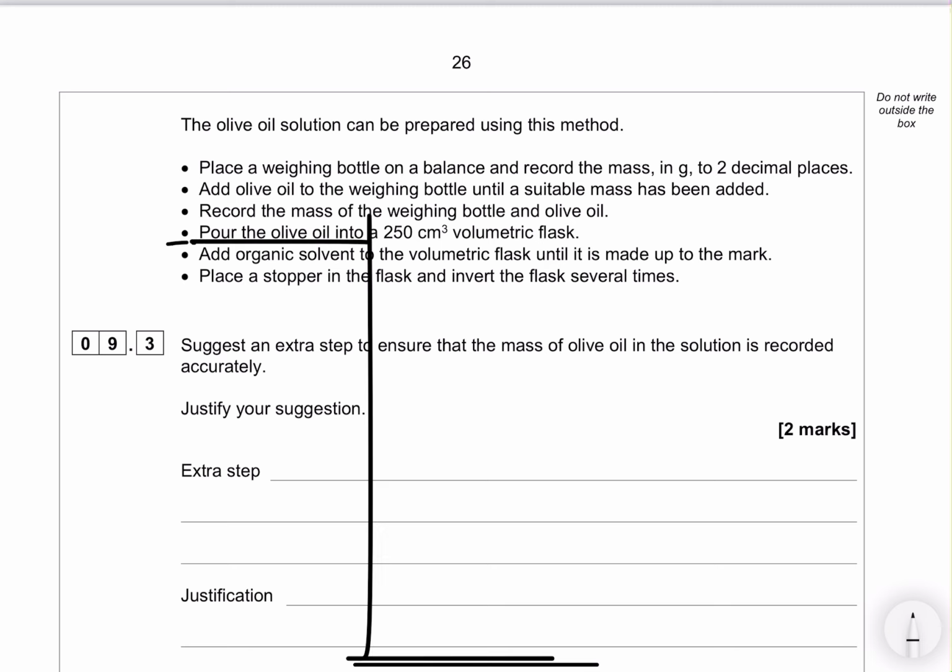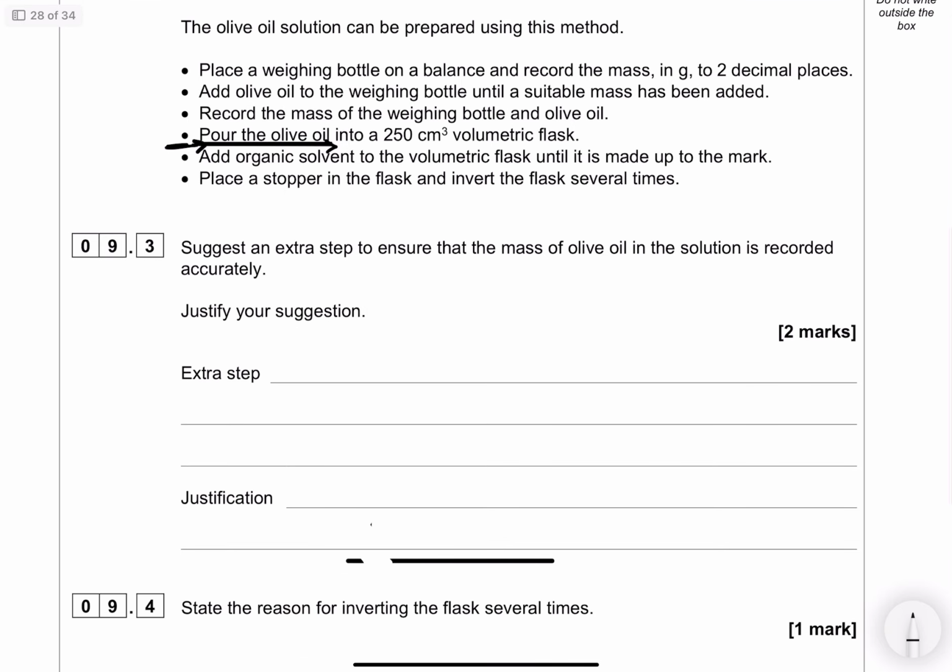Well, the extra step is needed in this part here. So we need to do something extra right here. So we've weighed this weighing bottle with the olive oil. We've poured the oil into the volumetric flask. The oil is going to be sticking to the sides of this weighing bottle. The exam board is looking for you to remember that when we're making standard solutions, we need to weigh by difference.